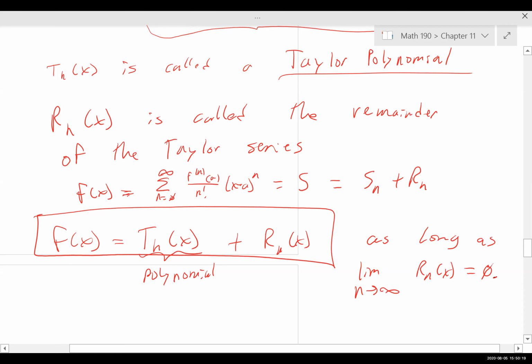So we have a function, a Taylor series or Taylor polynomial, and the remainder.